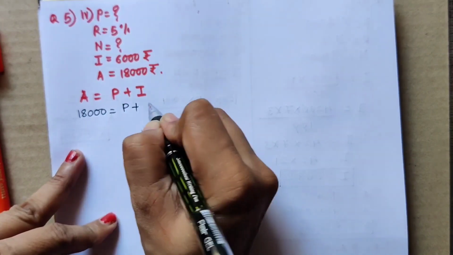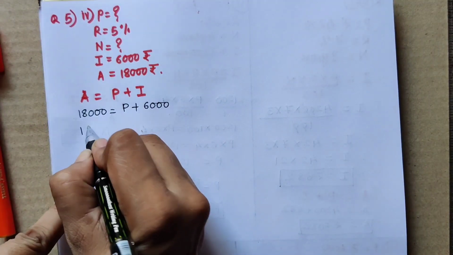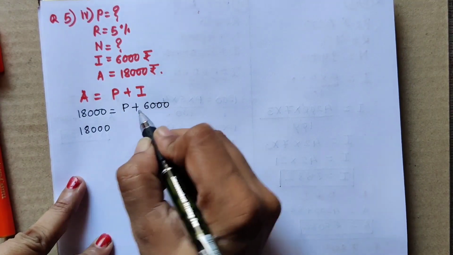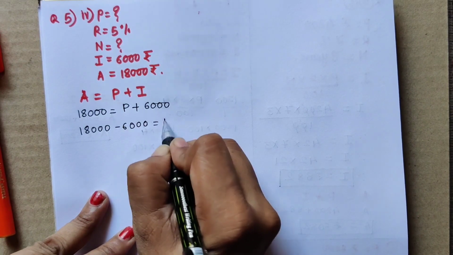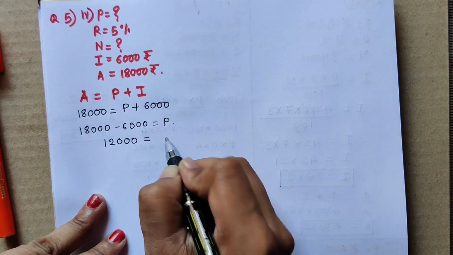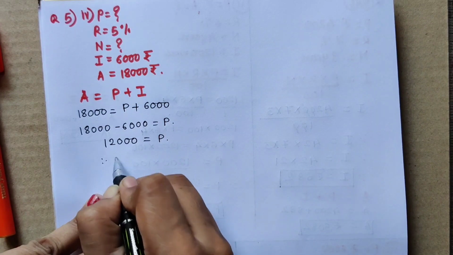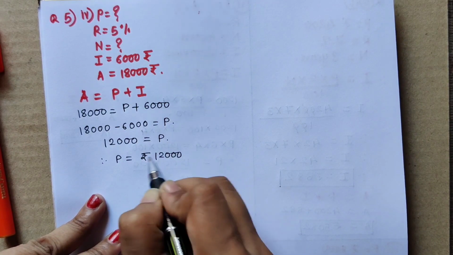Principal we have to find out, interest is 6,000 rupees. This plus 6,000 I am transferring to the left hand side. 18,000 as it is write down, plus 6,000 becomes minus 6,000 is equal to principal. So 18,000 minus 6,000 is 12,000 principal. So principal is equal to rupees 12,000 we are getting.